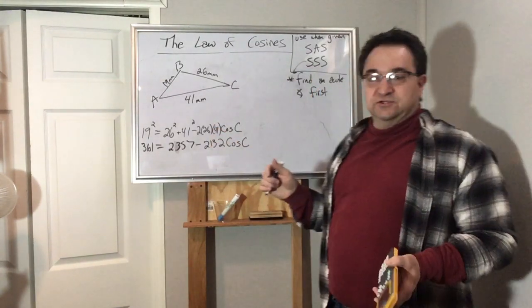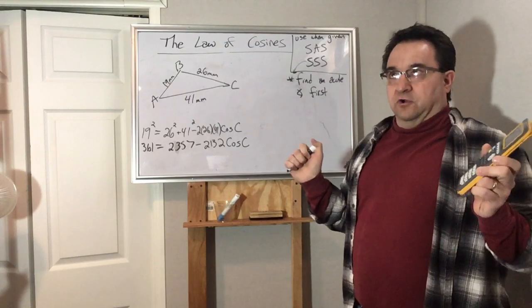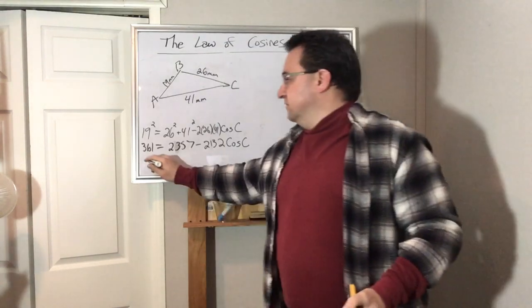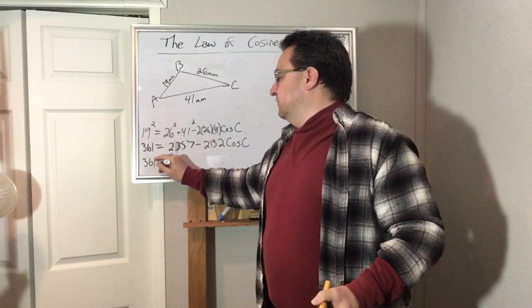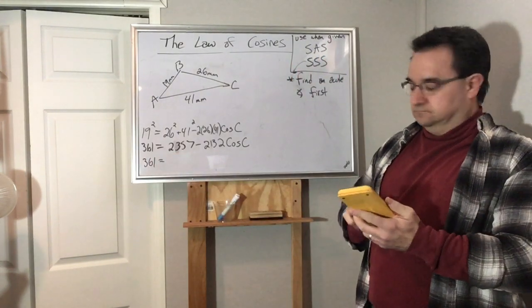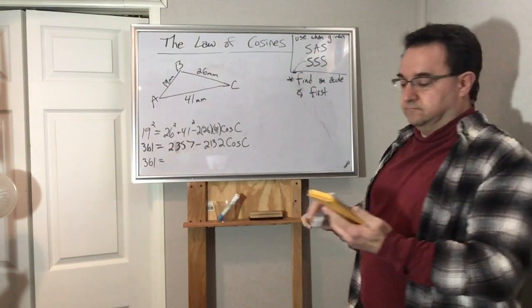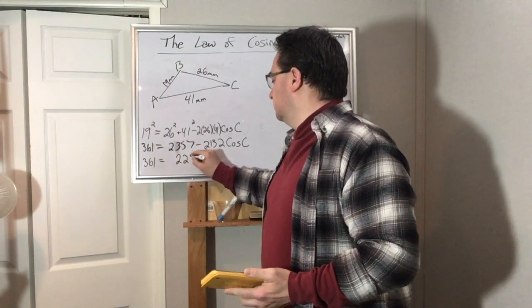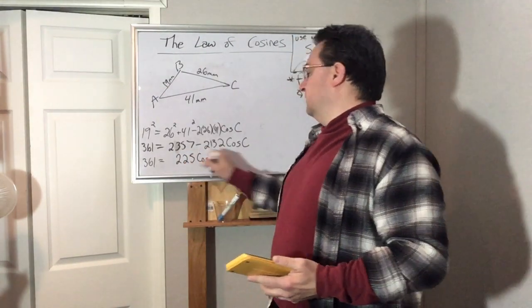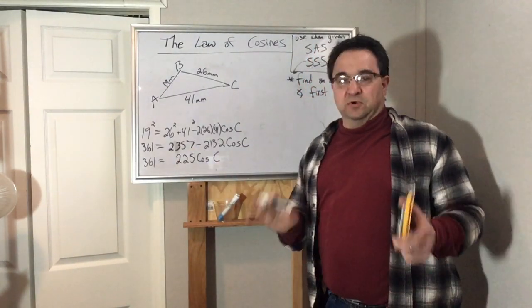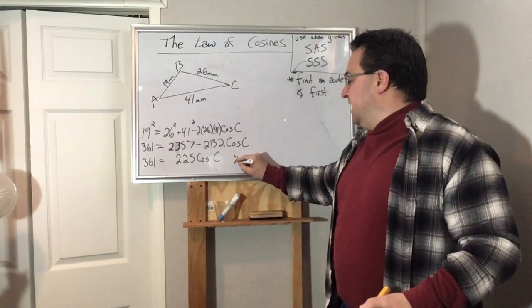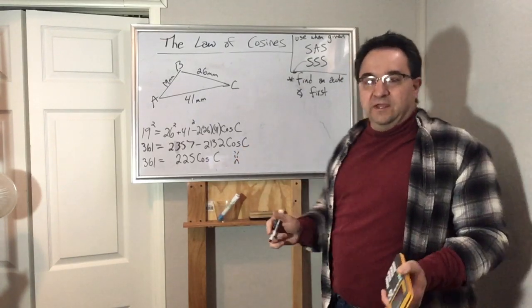At this stage, I'd say three-quarters of all students will want to go like this. Right? We're subtracting those numbers. The problem is that is not true. No way can you do that.